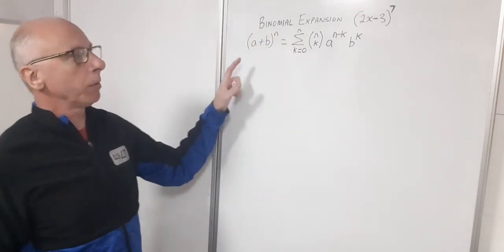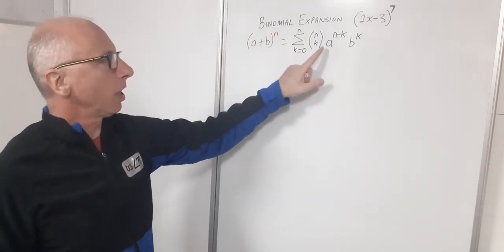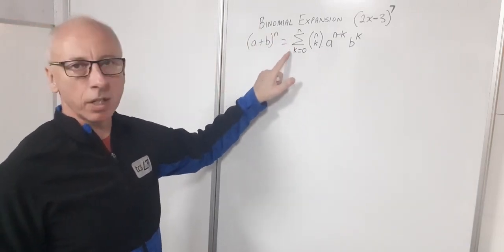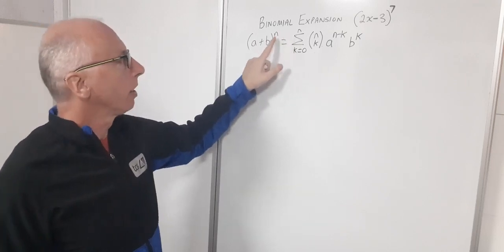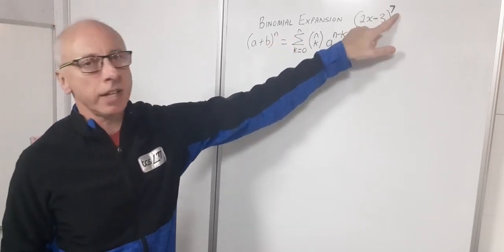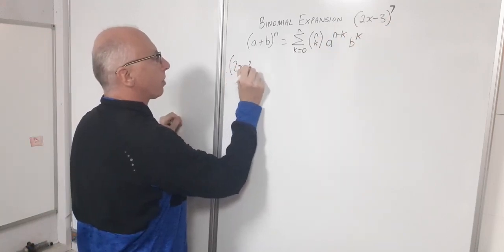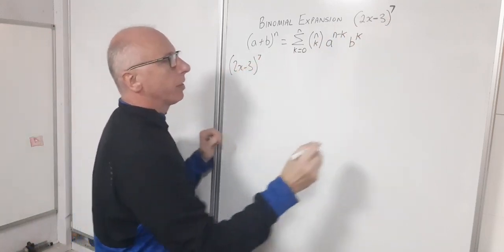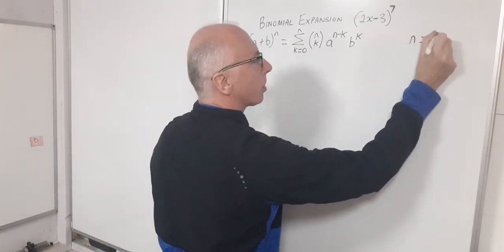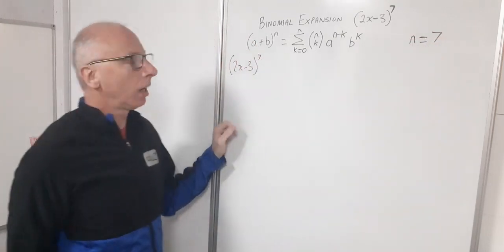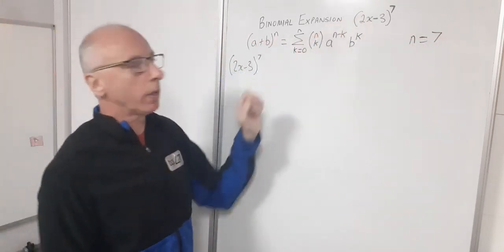Okay, so now what we need to do is decide on what our variables are. We've got our k, which is in the summation formula, which goes from 0 to n. In this case, if we're working on (2x - 3) to the power of 7, our n equals 7. Our a is 2x.